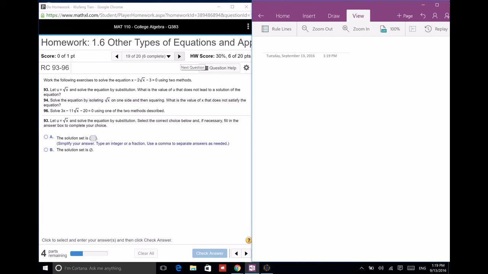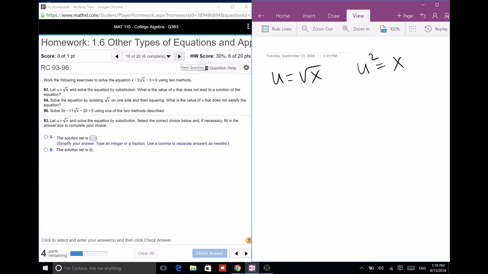Work on the following: solve the equation, use U substitution and let U equal that. I want you to do that one by yourself. If U equals square root of x, then U squared equals x.